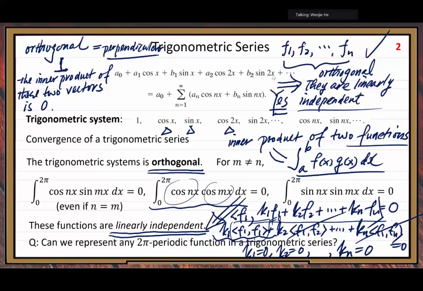We need to look at this function, f. If this function is continuous, then the answer is yes. So it's a simple answer. If we have a continuous function, then we can calculate this trigonometric series. Later we will call it Fourier series, because we will use the integral to calculate the Fourier coefficients.